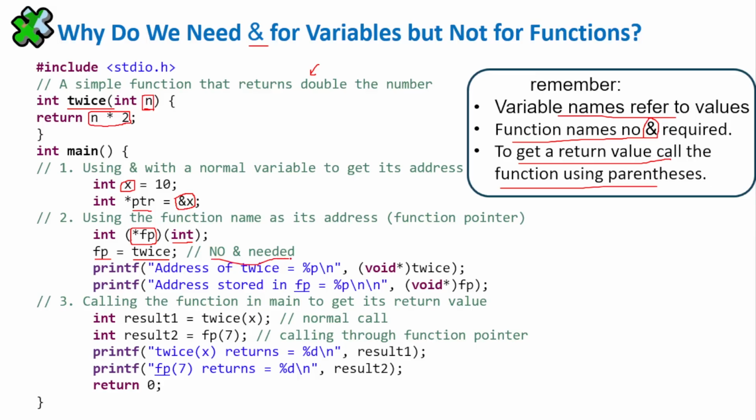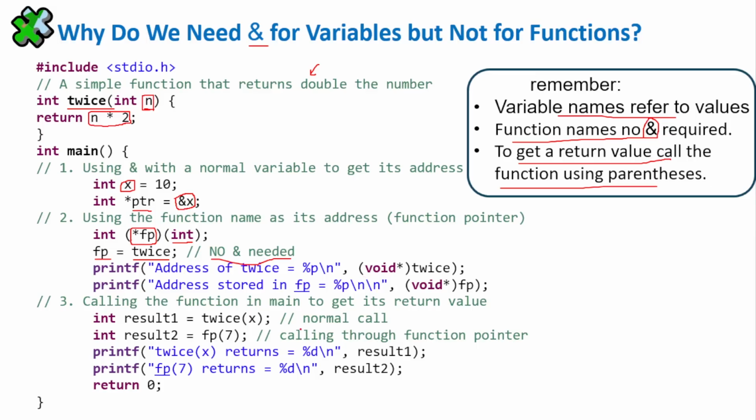The program then prints the address of the twice function and the address stored in the function pointer, demonstrating that they are the same. Finally, the function is called in two different ways: directly using the function name and indirectly through the function pointer, and both calls return the expected results.